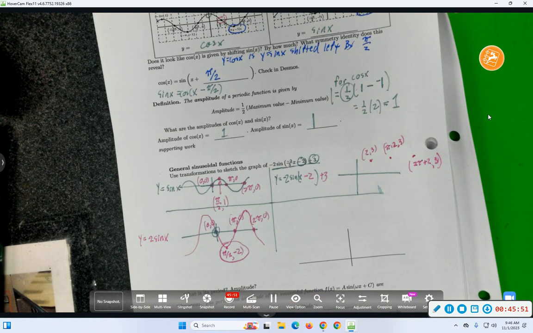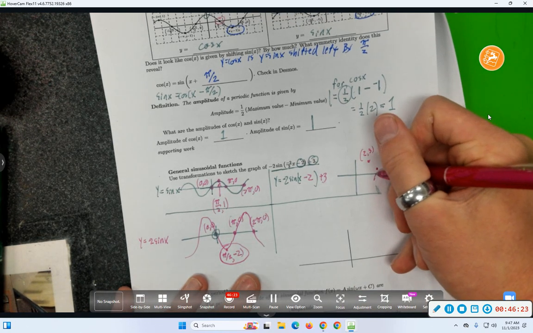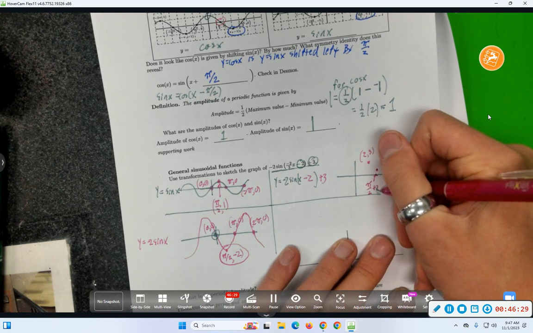Where will it go when I shift it right 2 and up 3? Well, it'll go right 2, so the x value will get 2 added to it, so it'll become pi over 2 plus 2. The y value will be negative 2 plus 3, or 1. Pi over 2 plus 2, comma 1.